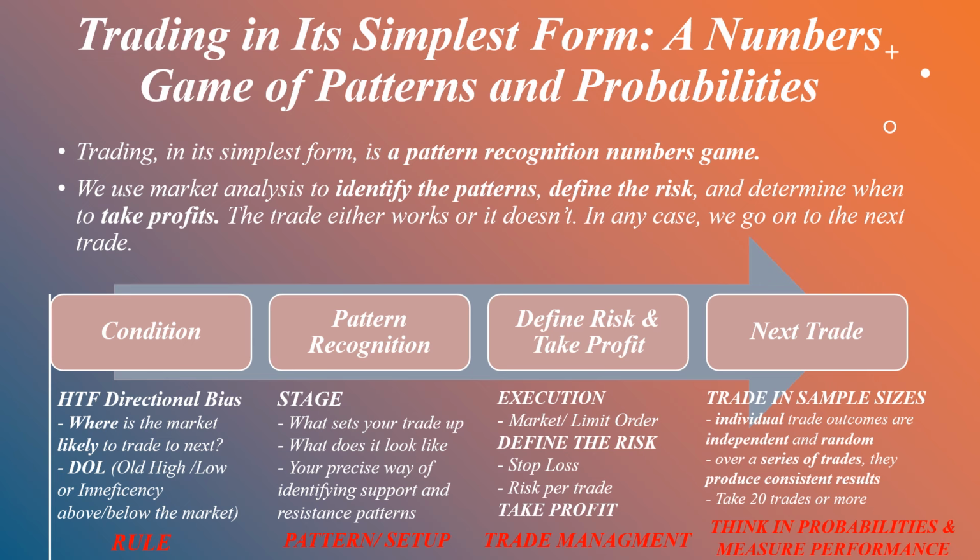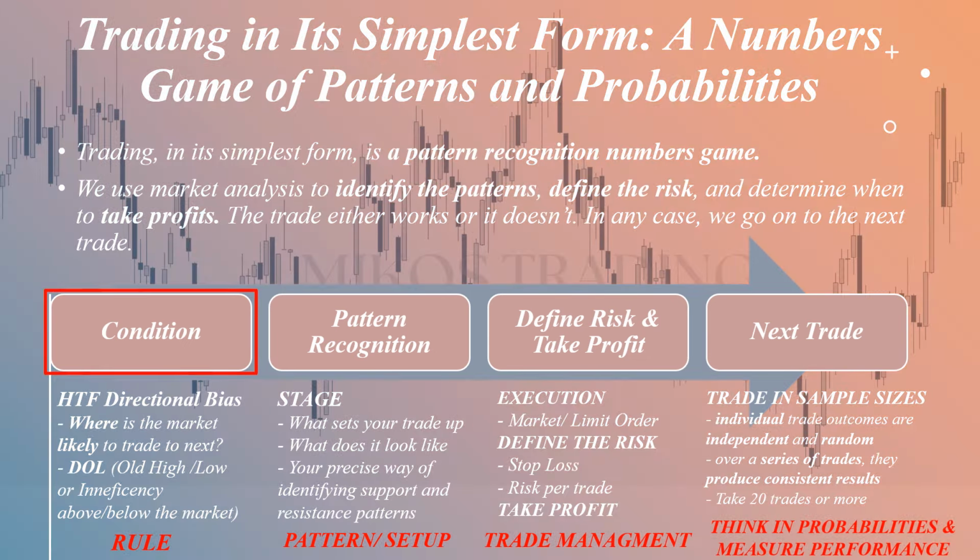Once the pattern presents itself in price action, we proceed to the execution. We now know when and where we will enter the marketplace. We know where our stop loss will be, which allows us to define the risk. We also need to know where we will take profit. After that, the trade either works or it doesn't. In any case, we go on to the next trade.